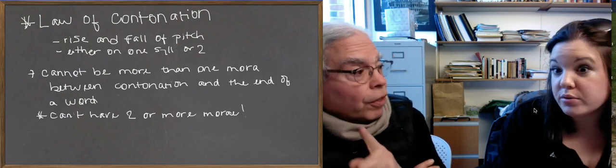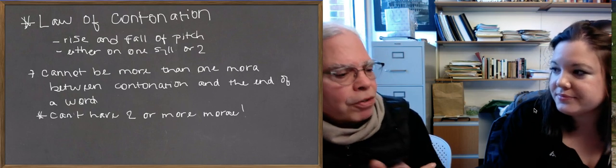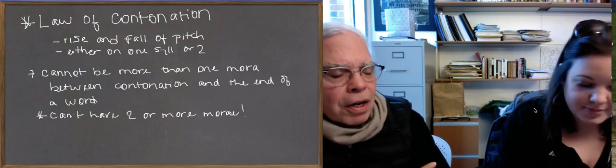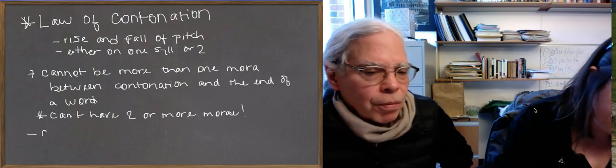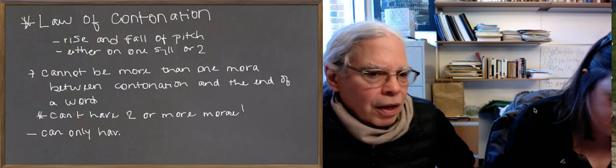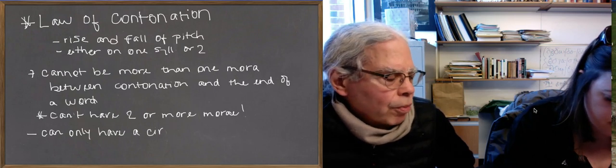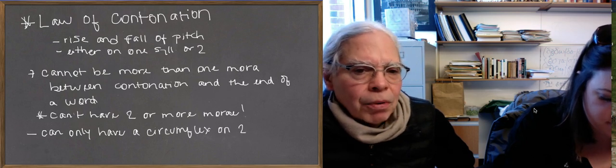Or if there are two, it can't be on that syllable, right? So we've already learned a new rule that's a function of the law of contonation. We haven't said this rule, but it follows from the rule of contonation. You can only have a circumflex on the second to last syllable if the last syllable is a short one. So there can't be a long vowel there, because then there would be two morai.